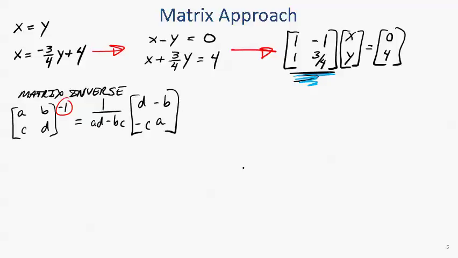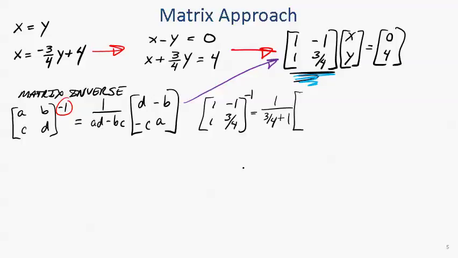If we apply this formula to our matrix, the inverse is going to be equal to 1 over A times D, which is 3/4, minus B times C, which is -1 with another minus.